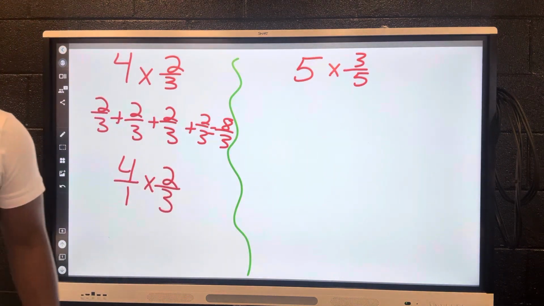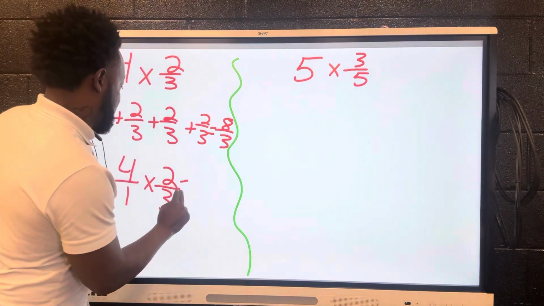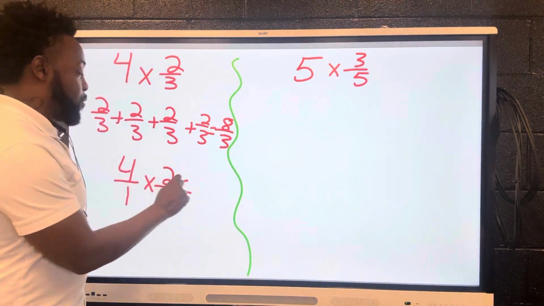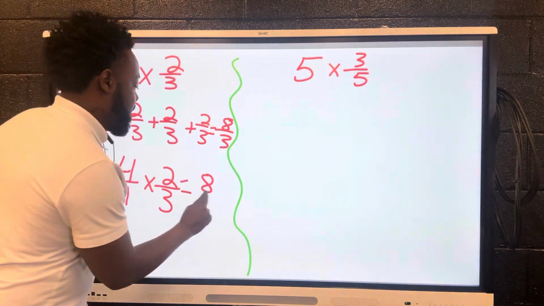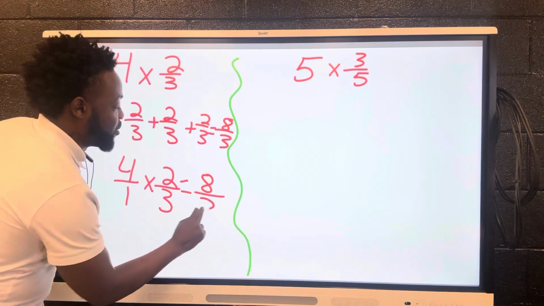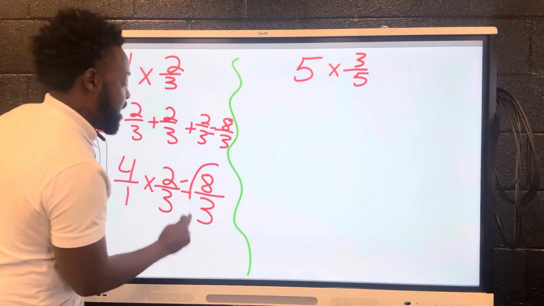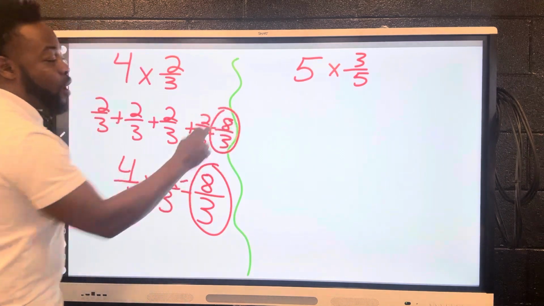Now I have two fractions that I can actually multiply. I multiply the numerator by the numerator, which is 8, and the denominator by the denominator, which is 3. So both ways we get 8/3 as almost our answer.